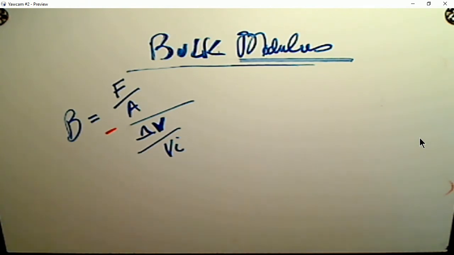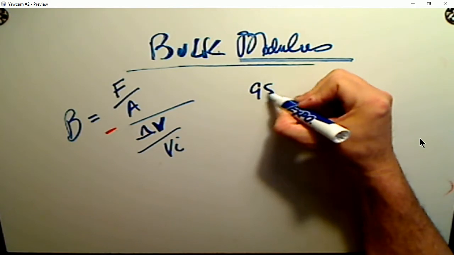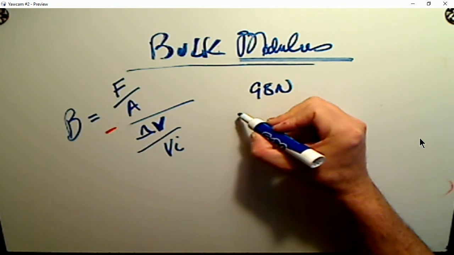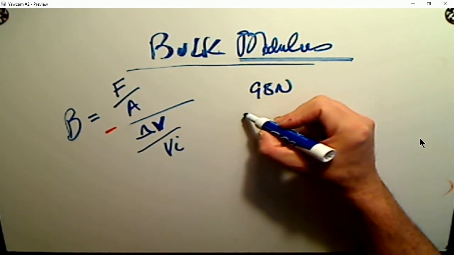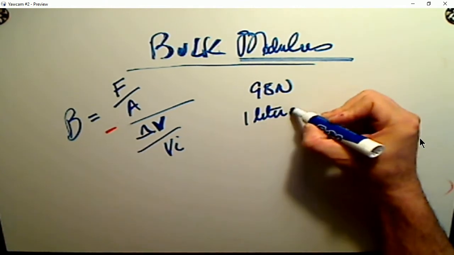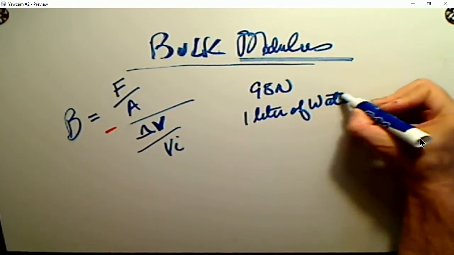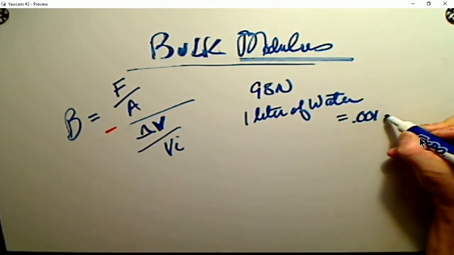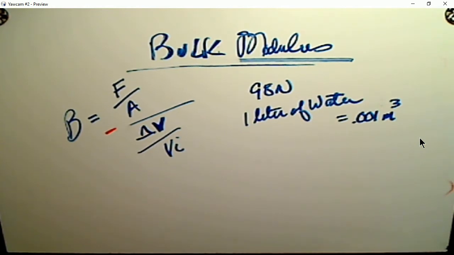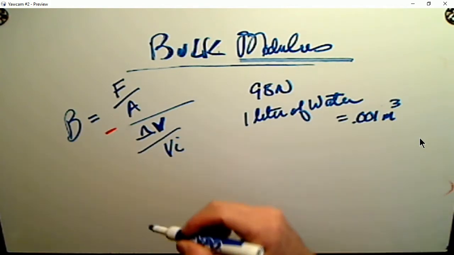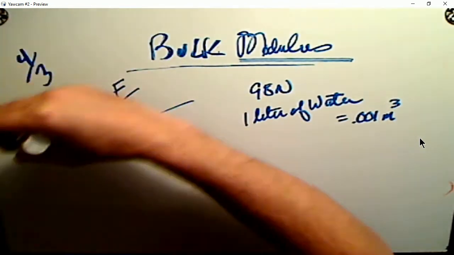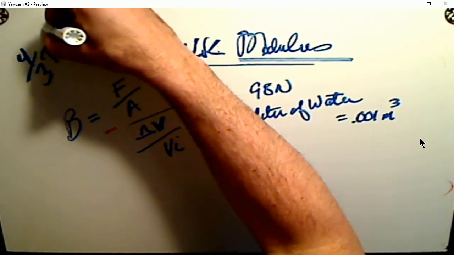So let's use that same force, 98 newtons of force on, let's say, we have 1 liter of water, which is equal to 0.001 meters cubed. There are 1,000 liters in a meter cubed. You should also know a volume of a sphere, by the way. I'm not doing this as an example, but sometimes you have a sphere, 4/3 pi r cubed.